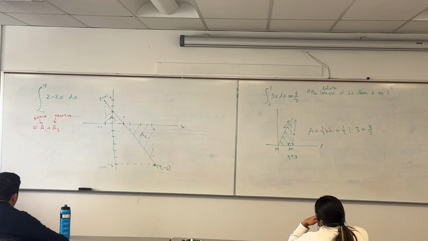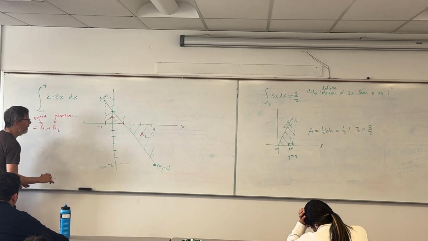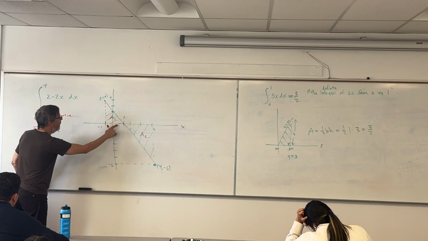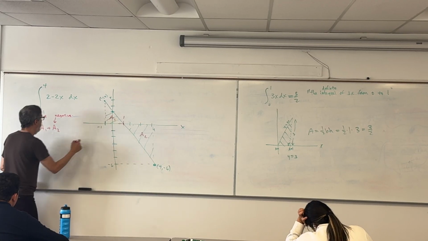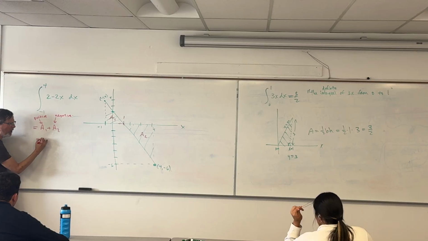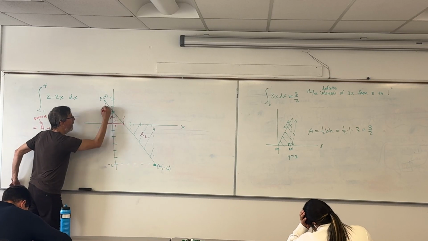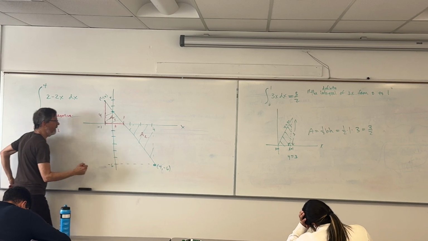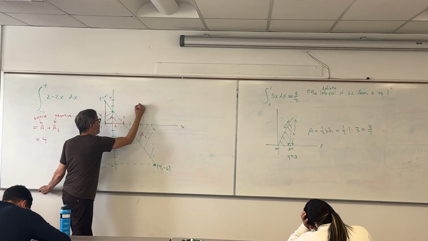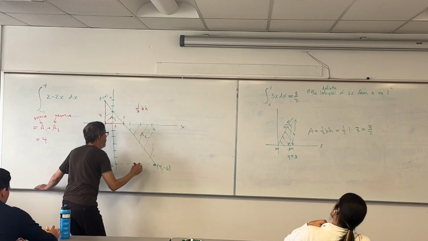That A2 is a negative area, right, because it's under the x-axis. What is A1? Is that just 4? Because it's got a base of 2 and a height of 4. It's 1/2 base times height for a triangle.